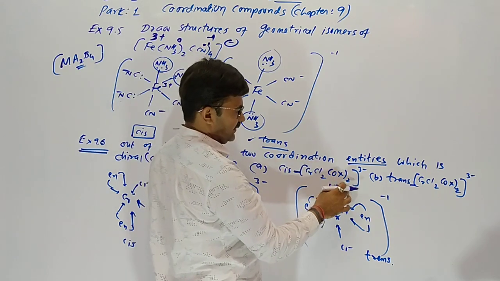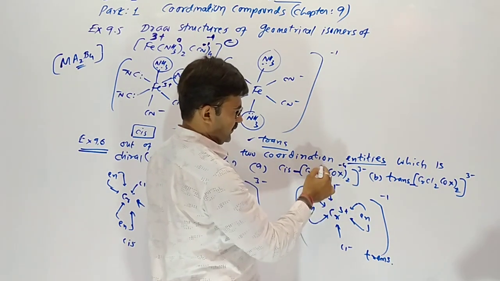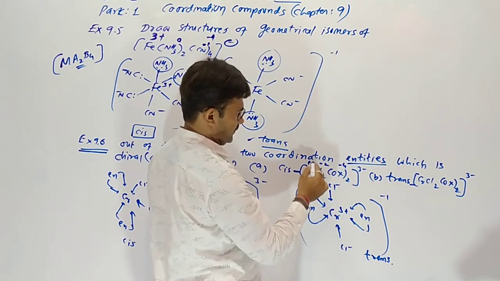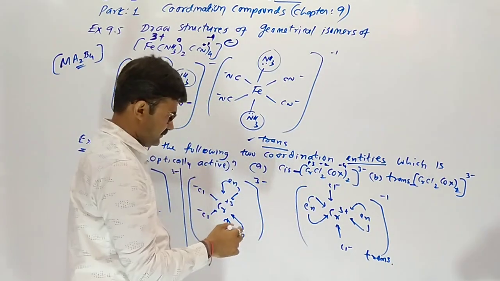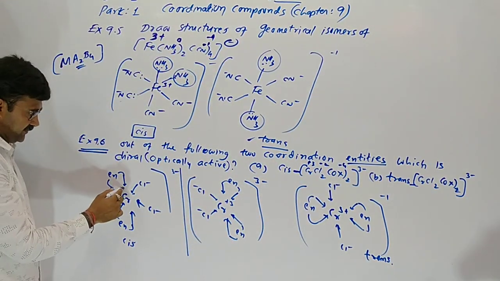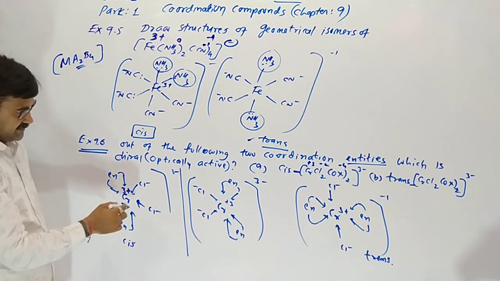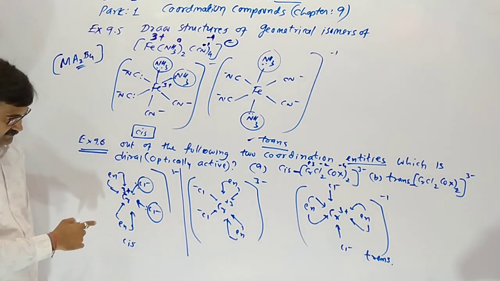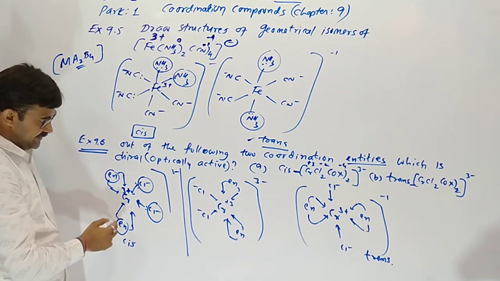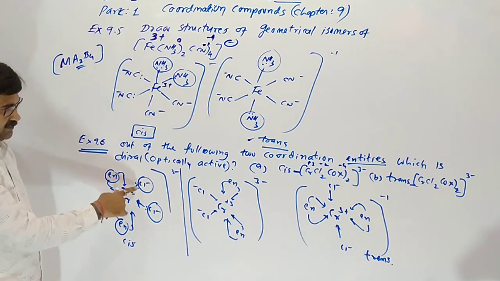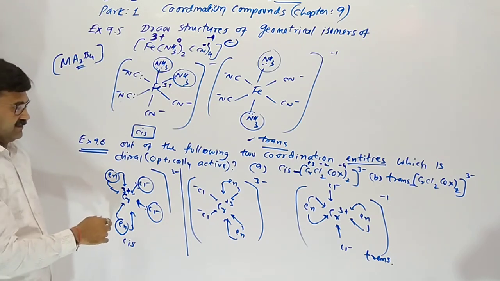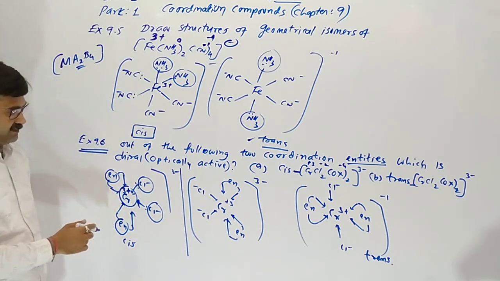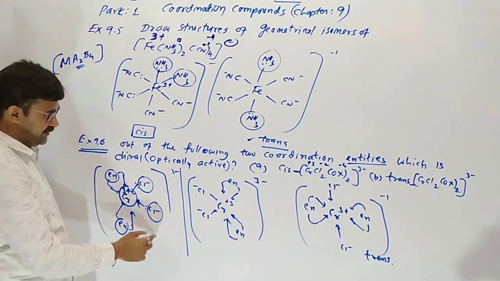One oxalate having -2, so 2 having -4, here -2, so this one +3. So chromium +3 is combining with 2 chloride. Chloride is monodentate. En is bidentate. 2 and 2. Total number of bonds are 6. So here coordination number 6. So it should be octahedral.